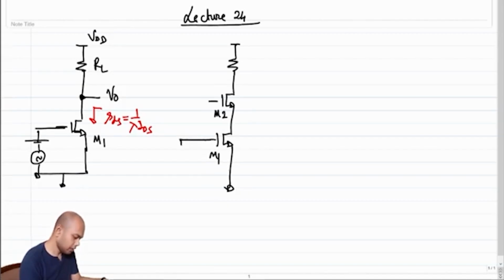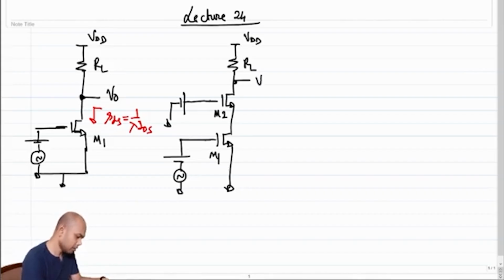We saw that this configuration would help, provided of course M2 is also biased in saturation. And how did it help? It helped by increasing the output impedance.